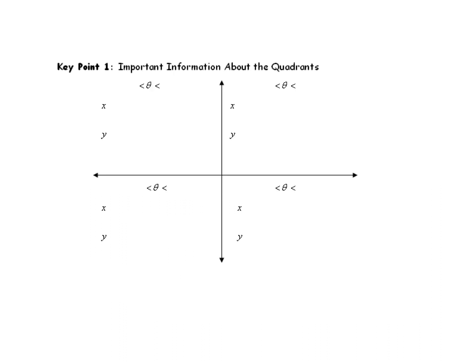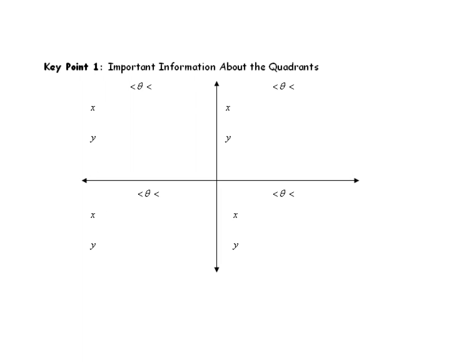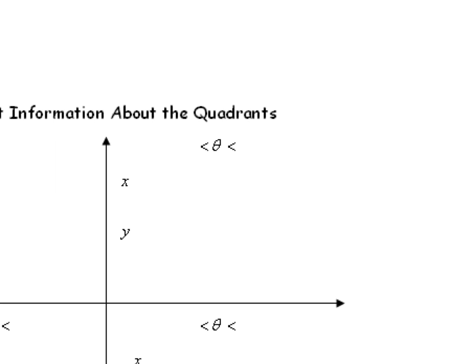So here in key point 1, I'm just identifying some important information about the quadrants. Just to review, if we're chilling in quadrant 1, in degree measure, you're looking at angles between 0 and 90 degrees. If we're doing this business in radians, you're looking at values from 0 to pi over 2.